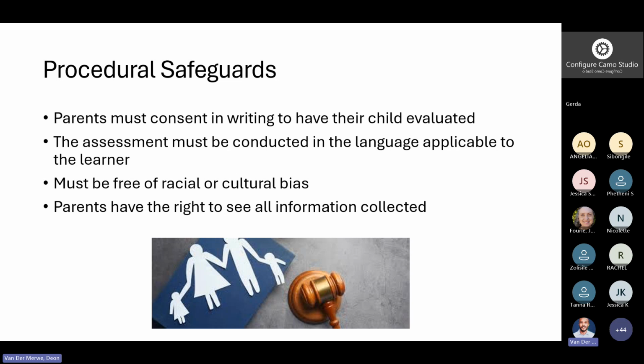And here's just a quick summary of those protections. The first is that parents must consent in writing to have their children evaluated. And so you will find that that was the first call to action in this module.